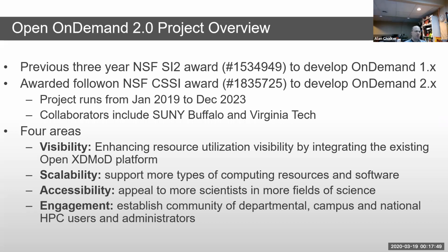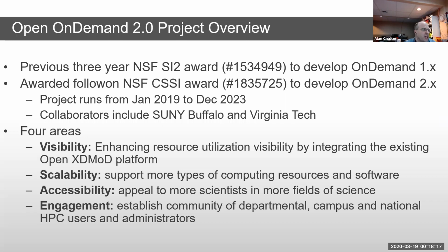Scalability and accessibility are kind of 2 sides of one coin. Scalability is focusing mainly on the server, the back-end stuff, making sure that we can support different resources. For example, one thing that we're actively engaged on is the fact that we got an award from SGCI and Google to make an OpenOnDemand deployable Google Cloud instance.